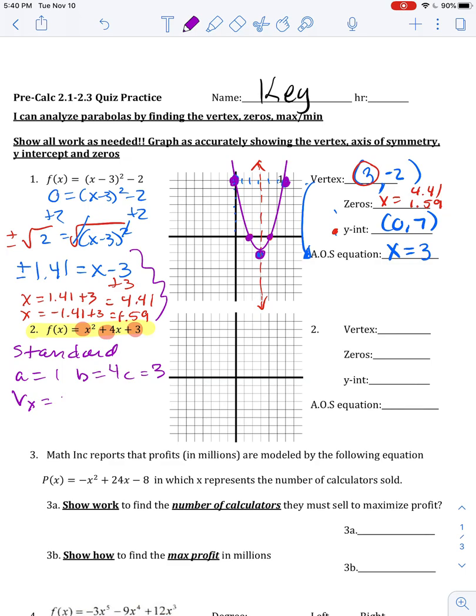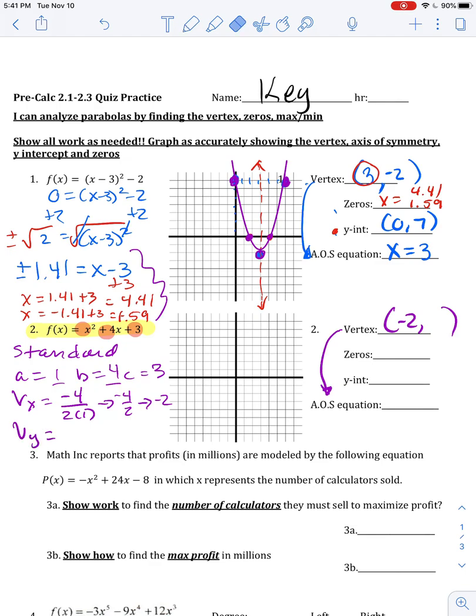When I look at my chart, my vertex x coordinate is supposed to be the opposite of B over 2 times A. So I'm just putting in my B and A value for that. That gives me negative 4 over 2, which reduces to negative 2. So I already have the information that I need for my axis of symmetry equation, even without knowing the y value.